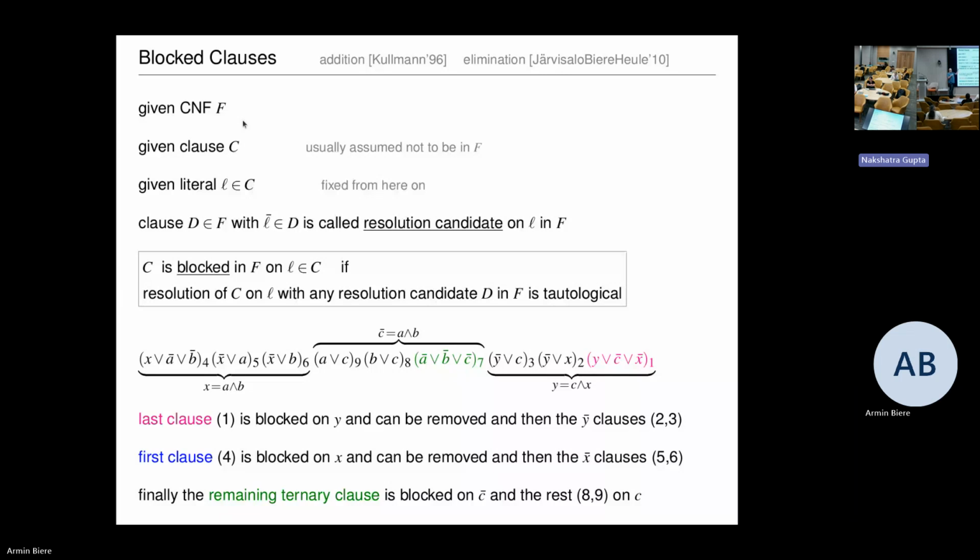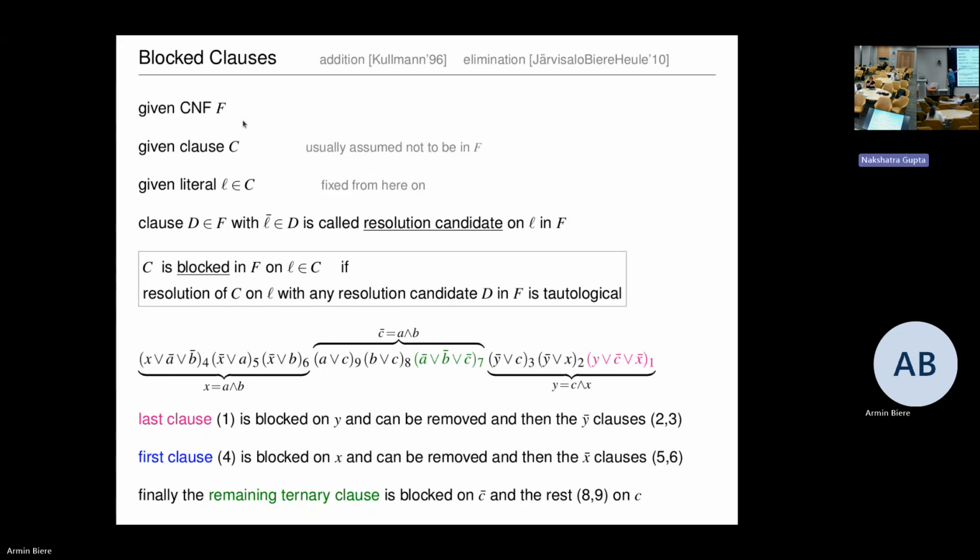I thought you need to show it for all of them, but you only need to show it for one. So this L is fixed. Then you consider all the clauses in this formula which potentially can be resolved with this clause on this literal, so these are all clauses which contain the negation of this literal. But once again, you need to fix this literal first, and only for that literal you look for clauses in the formula which can be resolved against that one.